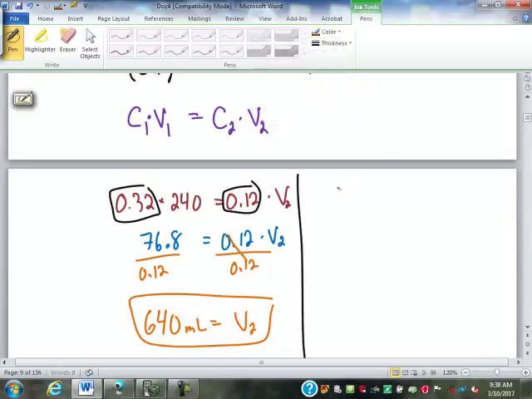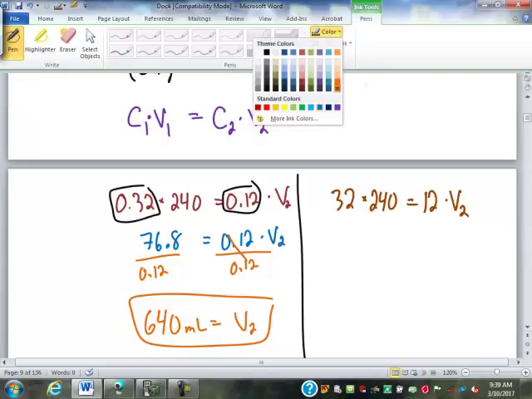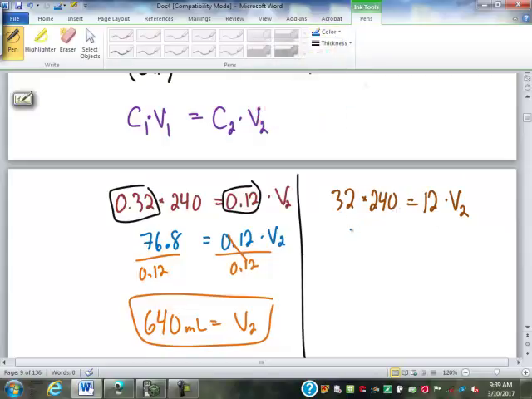So I could have done 32 times 240 milliliters equals 12 times my second volume. The difference is this is going to be 7,680 equals 12 times V2. We would have still divided by 12. Now it still came out to be 640.